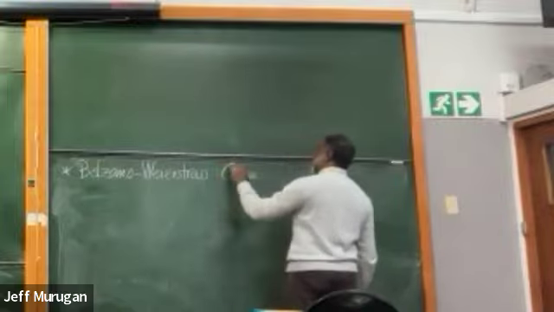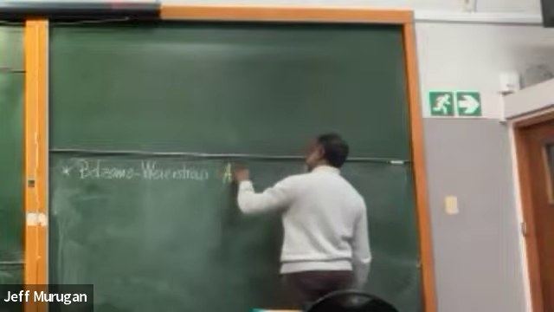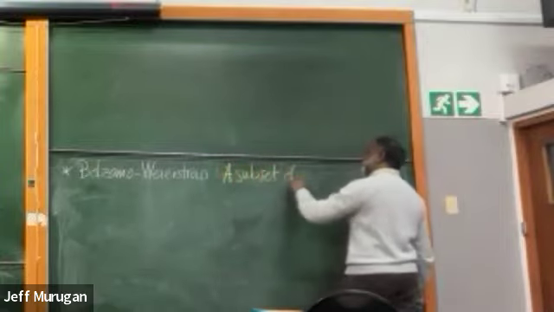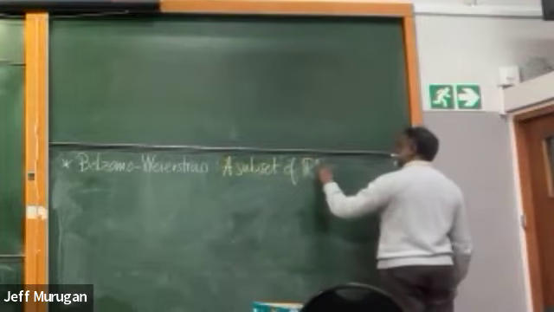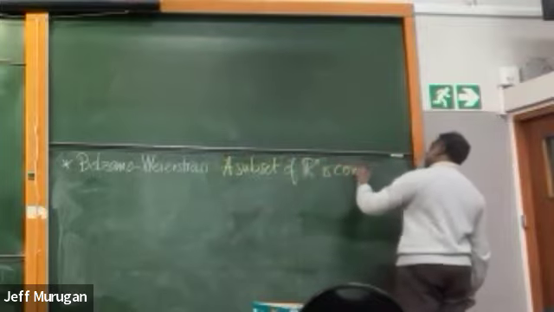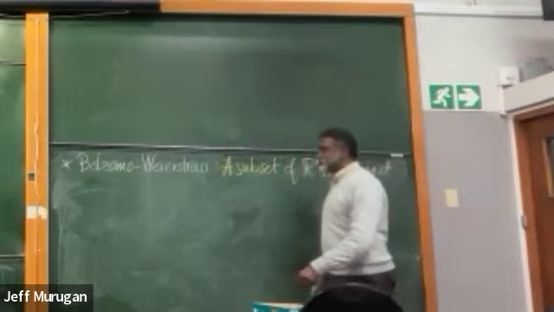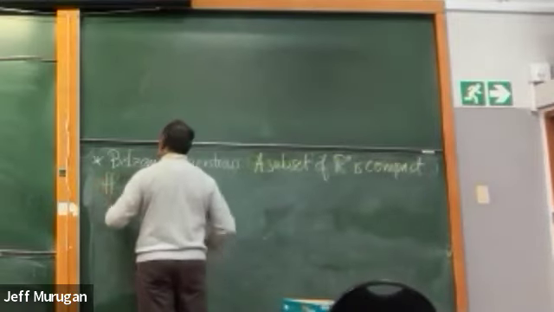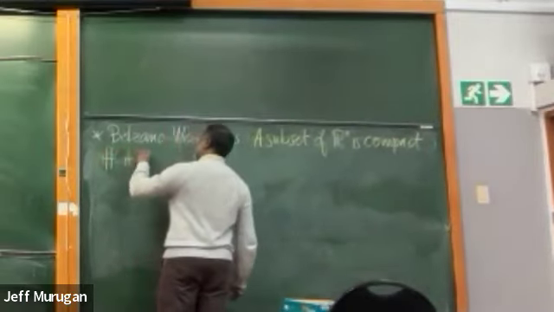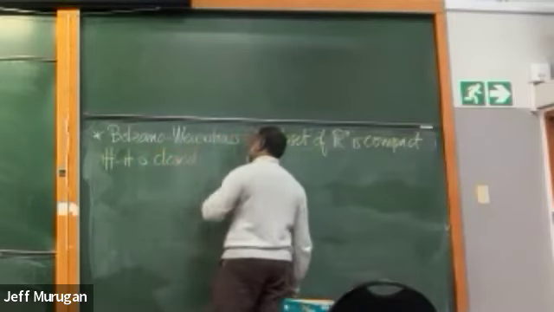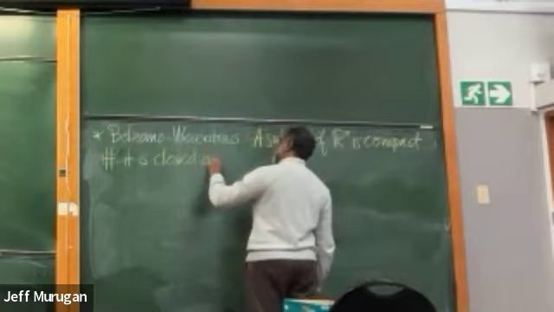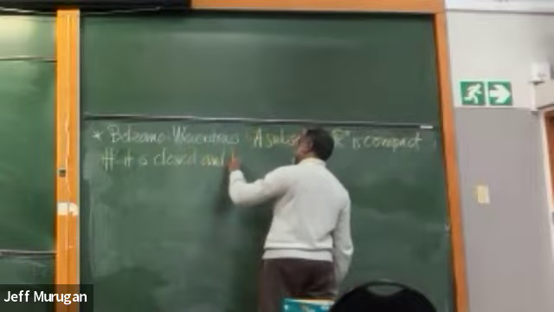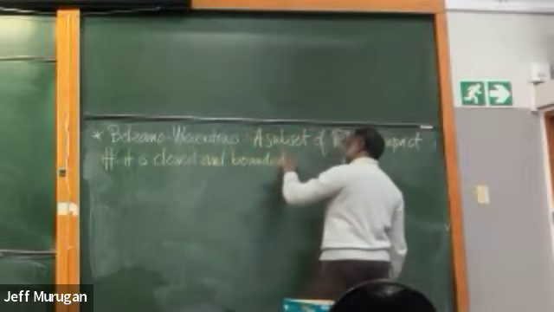So a subset of R^n is compact if and only if it is closed, in the sense that we've already defined, and bounded, in the sense that we've already defined.